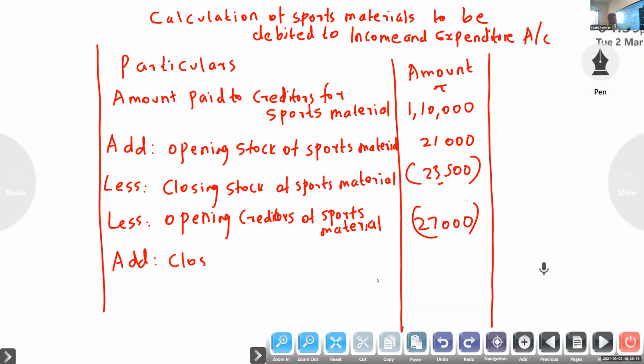Okay, amount is given. This is 20,000. This is 24,000. This is 20,500. Add closing creditors of sports material 27,000.